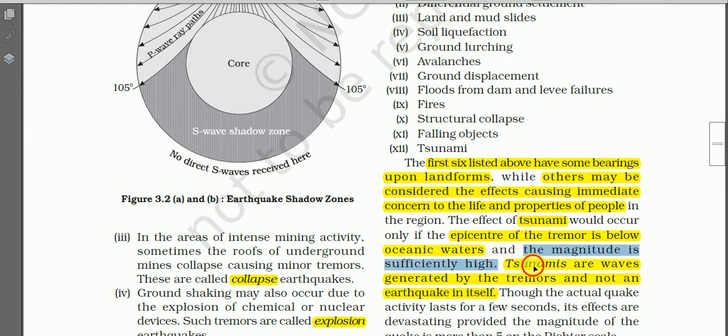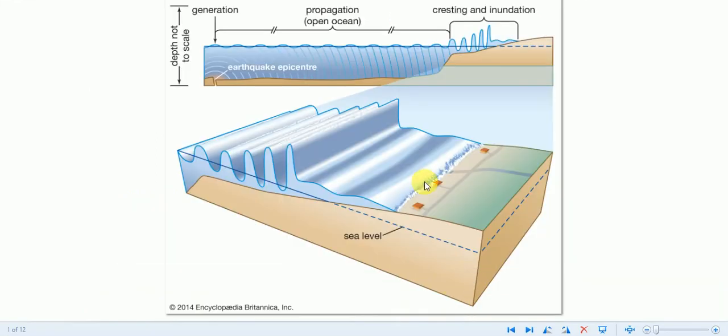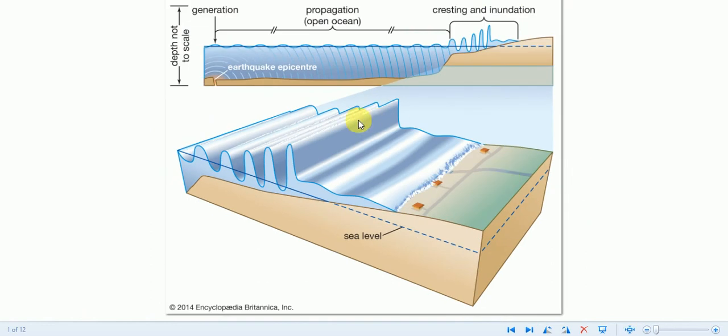And tsunamis, you know, are the waves generated by tremors and not by the earthquake itself. So here we have this, okay, this is how tsunamis occur. See, when there are earthquakes on the bed of the sea, that is below the sea.